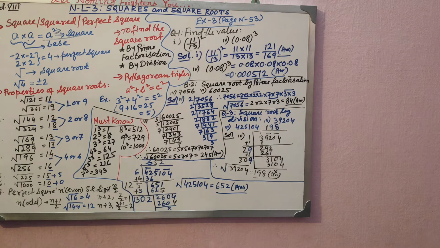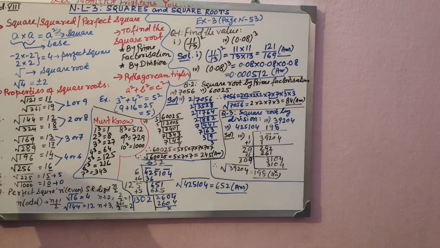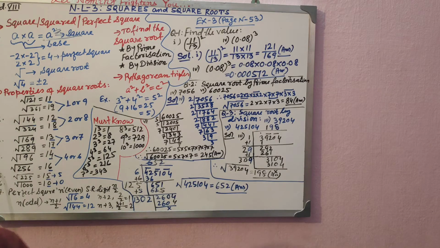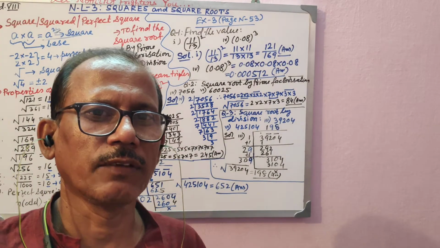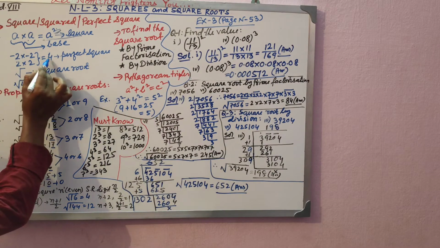All the integers whose value is multiplied by its base one time are called perfect squares. Here I will take an example: minus 2 is an integer. If it is multiplied by minus 2, then what does it form? It forms 4. 4 is a perfect square number.